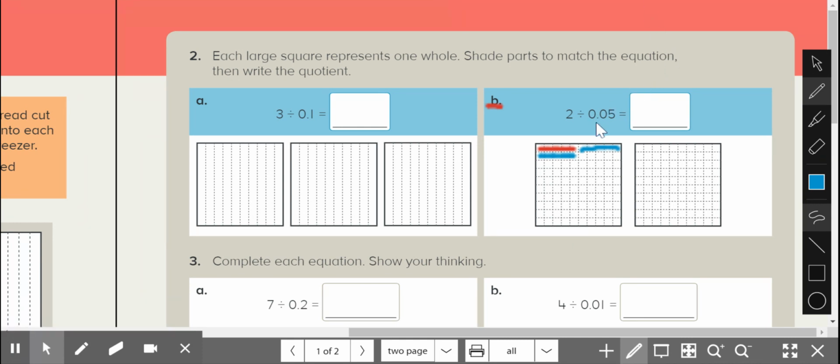Because we're dividing this into hundredths, I can think of a coin that we can label as 5 cents. A whole dollar is broken up into 100 pieces. There's 100 cents, and there's 5 cents in every nickel.